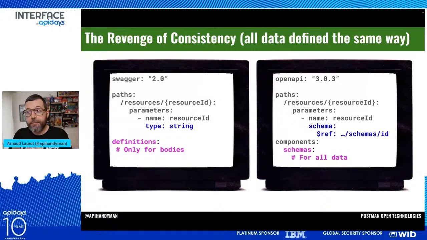Another thing OpenAPI 3 brought is a modification that allows better consistency across everything you describe in an OpenAPI document. Because now in OpenAPI 3, all pieces of data are defined in the same way. In Swagger 2, there were two ways of defining data.